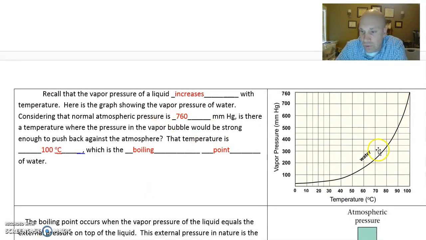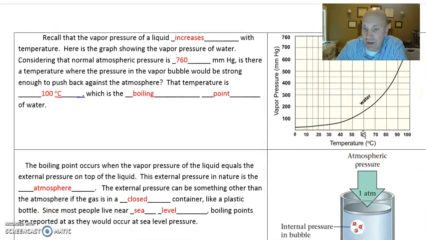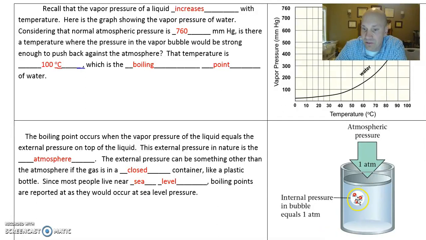So we keep on getting hotter, keep on getting hotter, keep on getting hotter. And eventually we get up to the point where the vapor pressure of the water would be 760 millimeters of mercury. So what's special about 760 millimeters of mercury? At that point, the pressure inside of that theoretical bubble would be 760 millimeters of mercury.